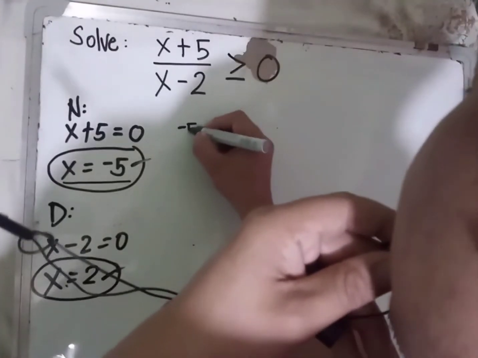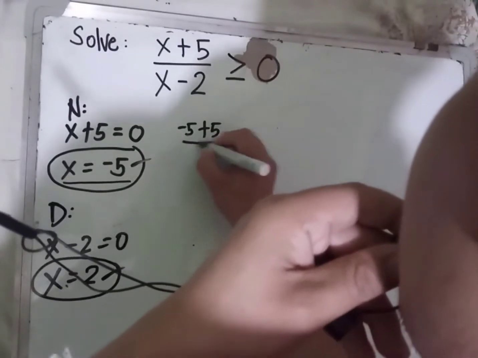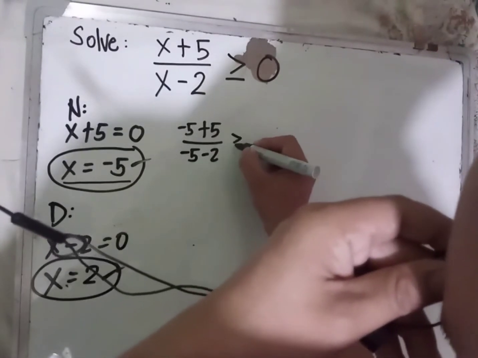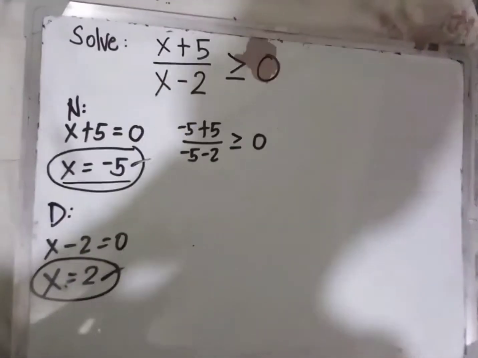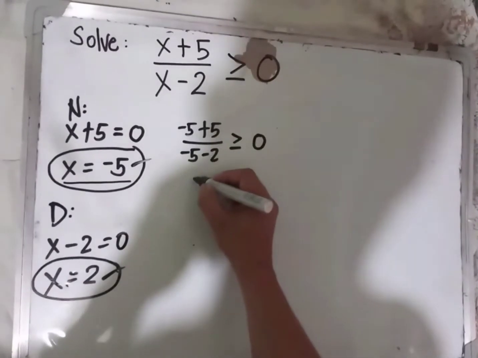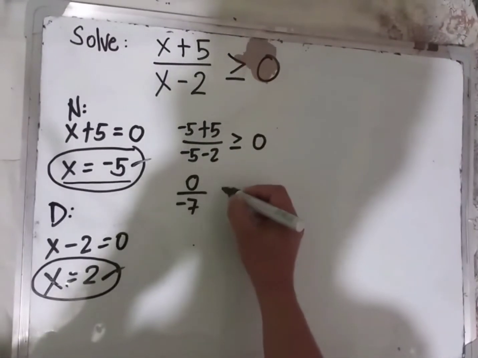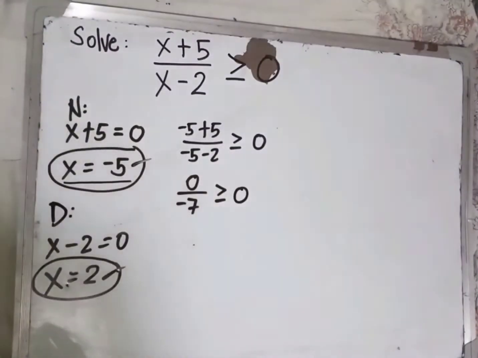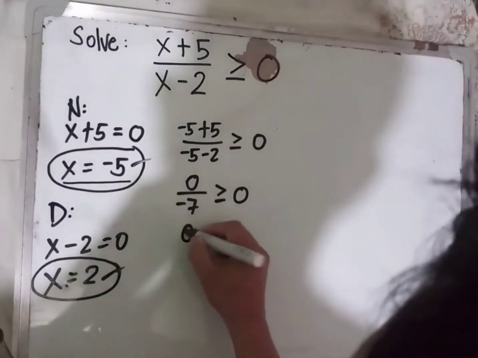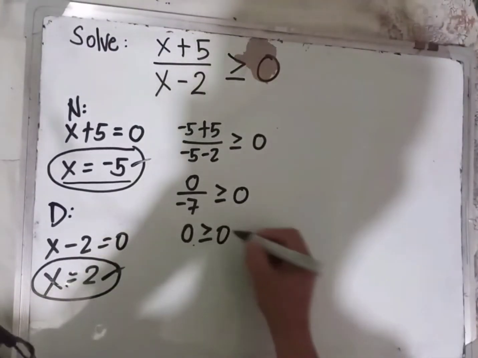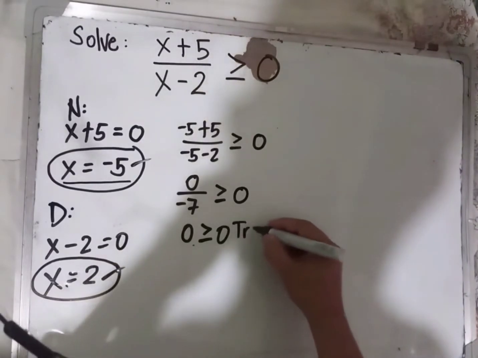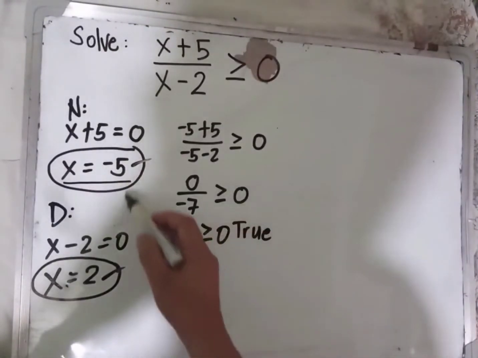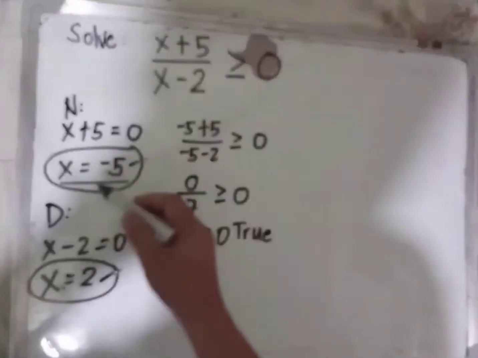So, negative 5 plus 5 over negative 5 minus 2 greater than or equal to 0. So, automatically 0 over negative 7 greater than or equal to 0. So, 0 divided by 7, that is 0 greater than or equal to 0. So, it makes the inequality true. So, tandaan, negative 5 is part of the solution.